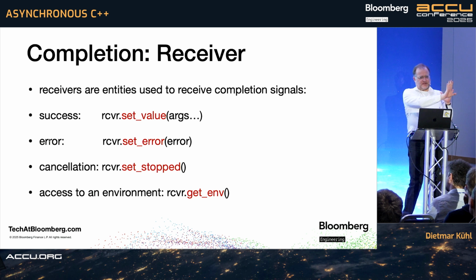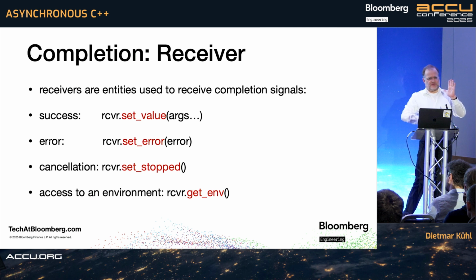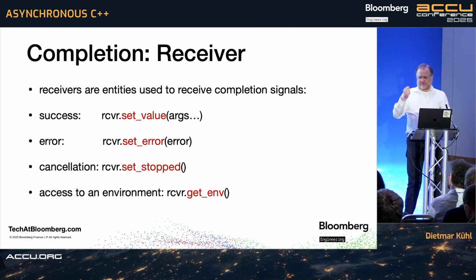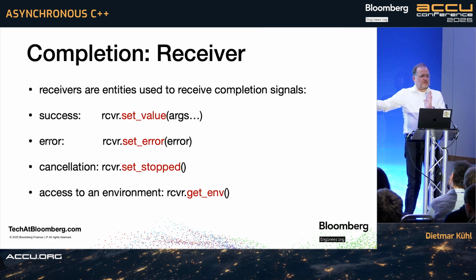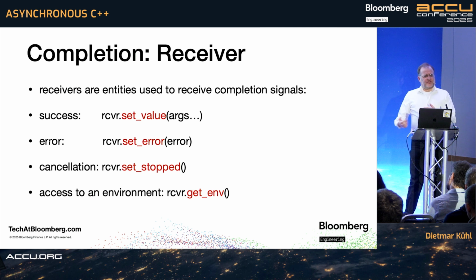If one of them fails, you know your when_all will not be successful. On the other hand, when it is completed successfully with something like set_value, you just want to wait for all the others. Whereas in an error case, or if one of these operations gets cancelled, you probably want to cancel all the others, and you basically forward the error or set_stopped operation.